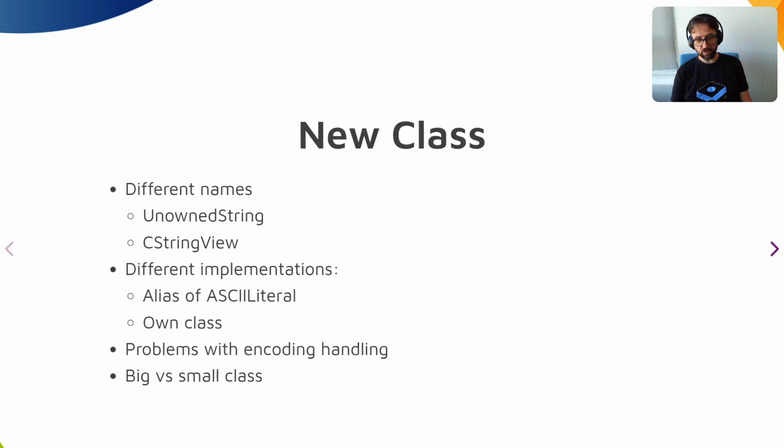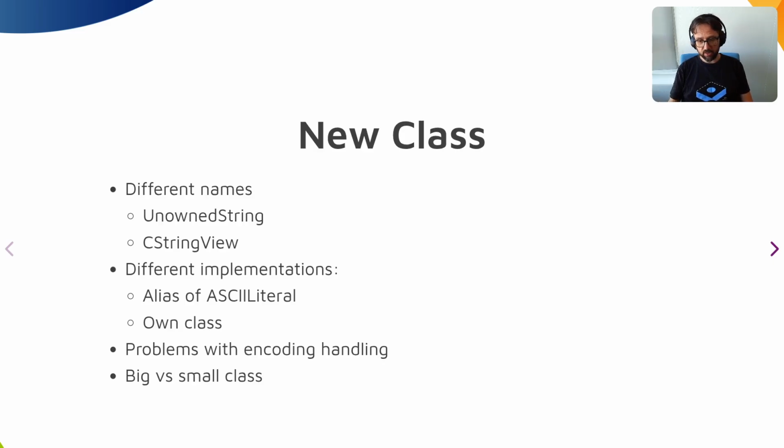Then we also found encoding issues while developing the own class, because if you use char, maybe you can mess up with some other encodings from other classes that are returning chars, and then that's not good.